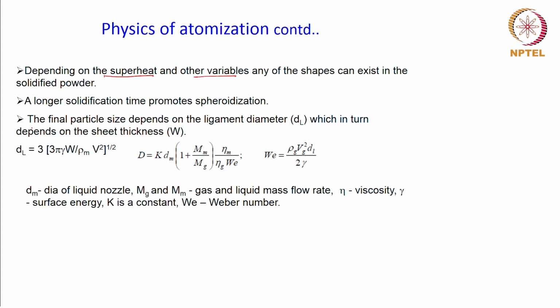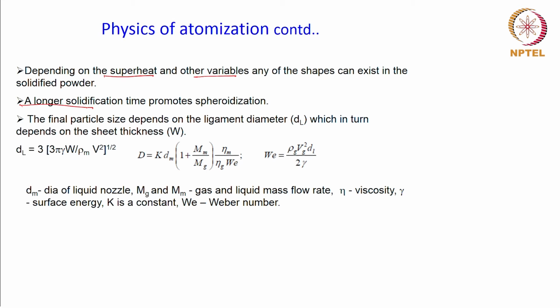So, in terms of the process parameters, if you look at the solidification time, a longer solidification time would actually promote spheroidization. That means, if you want spherical particles, it is better that you have a longer solidification time during the process. Okay.